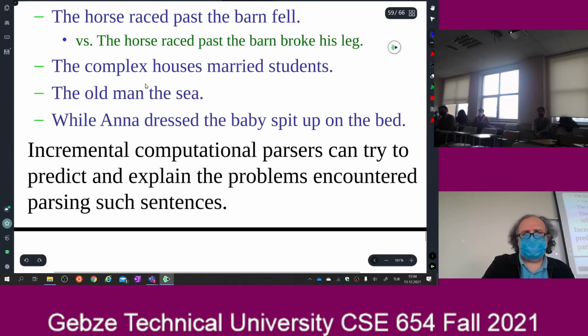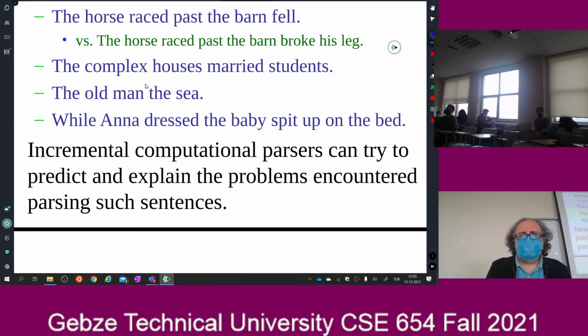How about the last one? While Anna dressed the baby spit up on the bed. So it looks like while Anna dressed the baby. Okay, so it is not while Anna dressed the baby. It is while Anna dressed, the baby spit up on the bed.